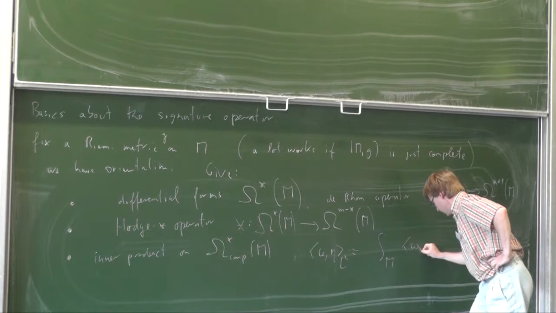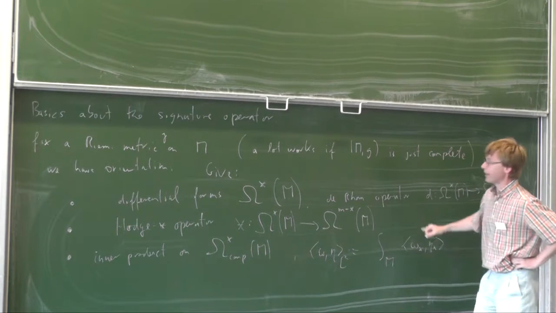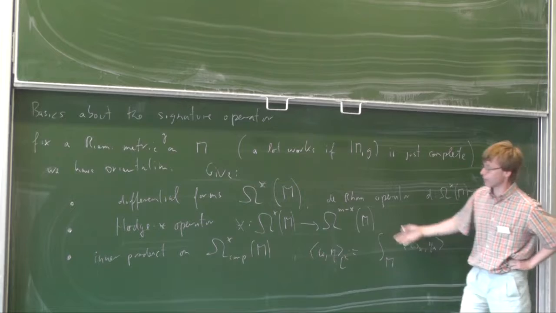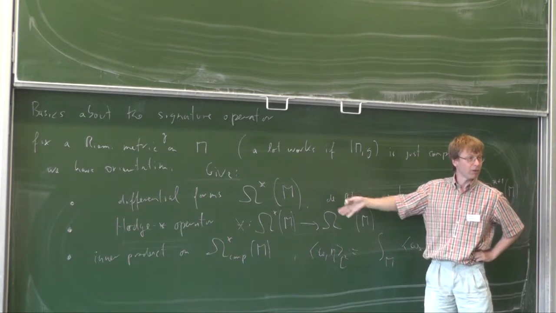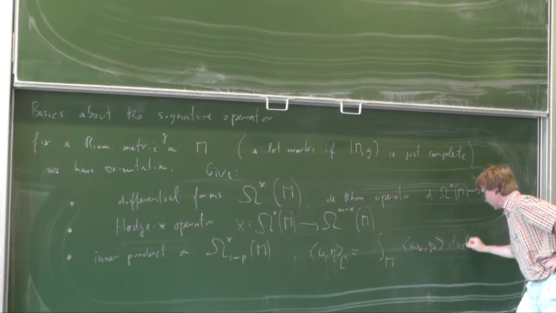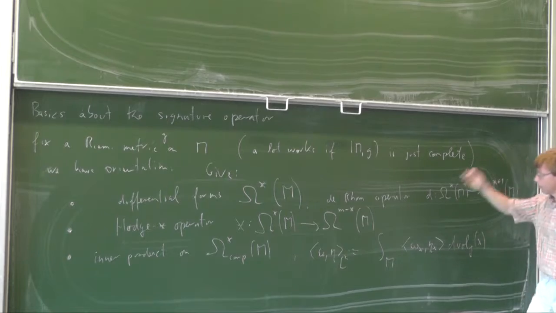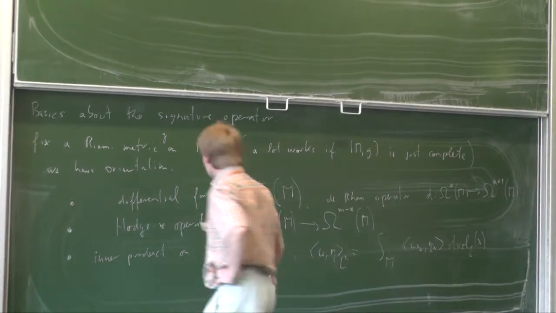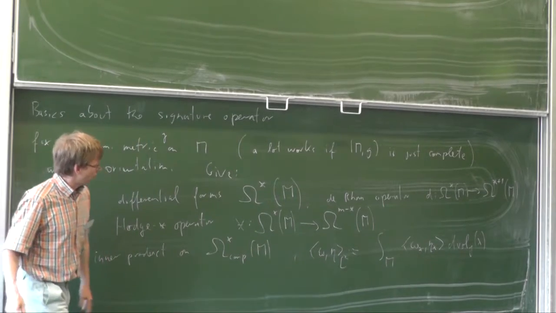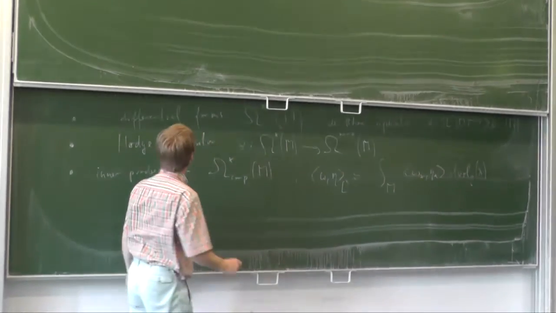The inner product you can carry out in each fiber, just coming from the metric on the tangent space. It defines a scalar product fiber-wise on the exterior algebra bundle, and then we can integrate against the volume element coming from the metric. This defines an L2 inner product, and L2 forms are defined as the completion of the compactly supported ones with respect to this inner product.